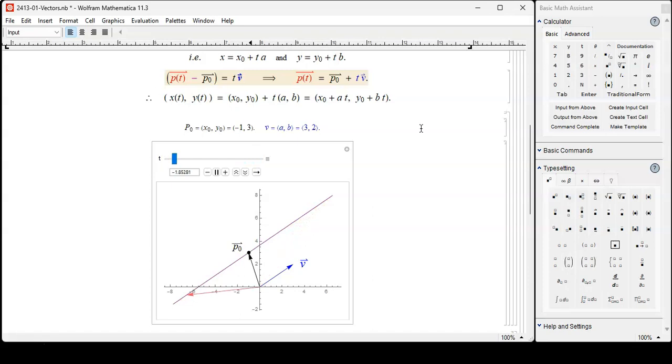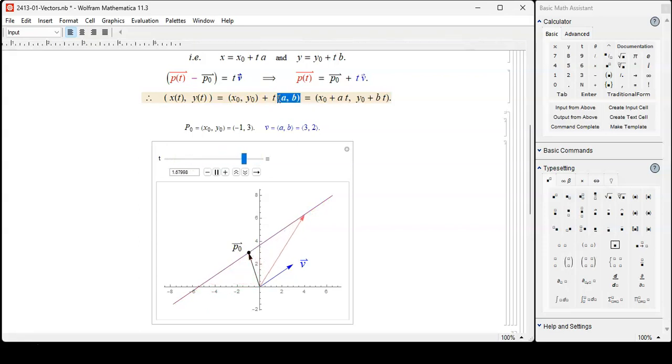And then if you express all those in terms of coordinates, that's what you're getting. x0, y0, that's this black point, and t times AB, that's a blue vector, the direction vector. And then x0 plus ta, that's your x coordinate, x of t, and y0 plus tb, that's your y coordinate, y of t. And that's what you're looking at here.